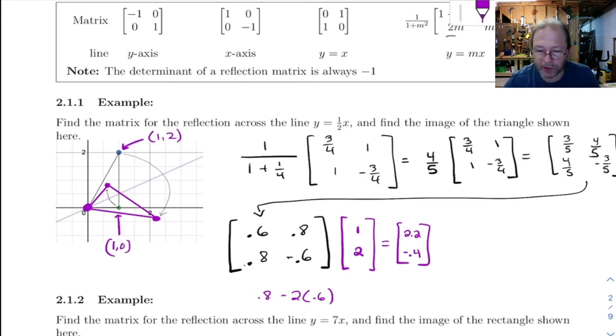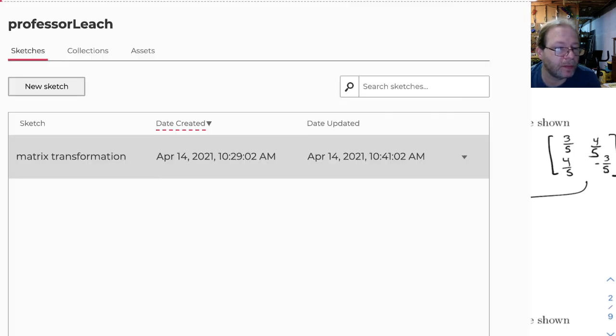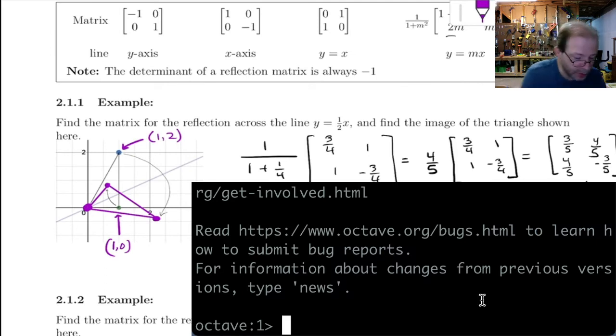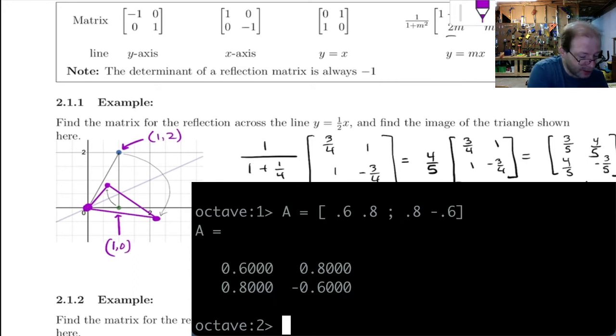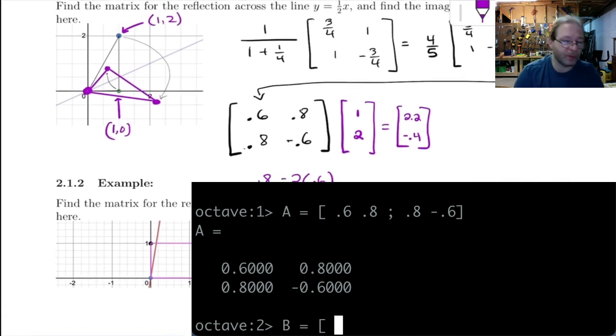Now, if you want to do this using Octave, you can do all of this at once. Like in Octave, if I put this in, my matrix A is 3/5 or 0.6, 0.8, and then 0.8 and negative 0.6. I can put that in like this. Then I'm going to make a matrix with all of my original points in it.